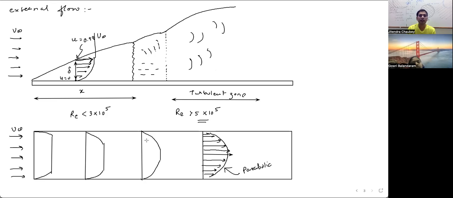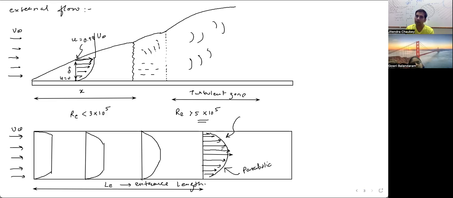And from the entrance to the span over which this parabolic curve is completely generated is called the entrance length. Beyond this, you will always find the nature never changes.